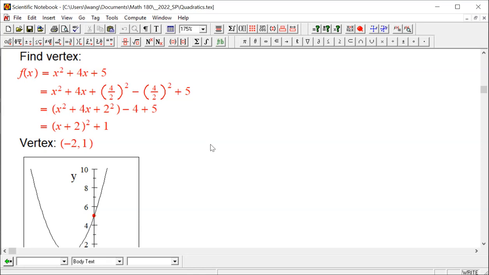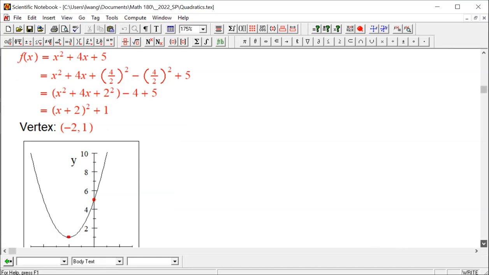The answer is no. As long as you can find 2 points on a horizontal line on the curve, then you will be able to find the point in the middle, which will be the line of symmetry. And then you can also find the vertex that way. So notice the symmetry that you see there.